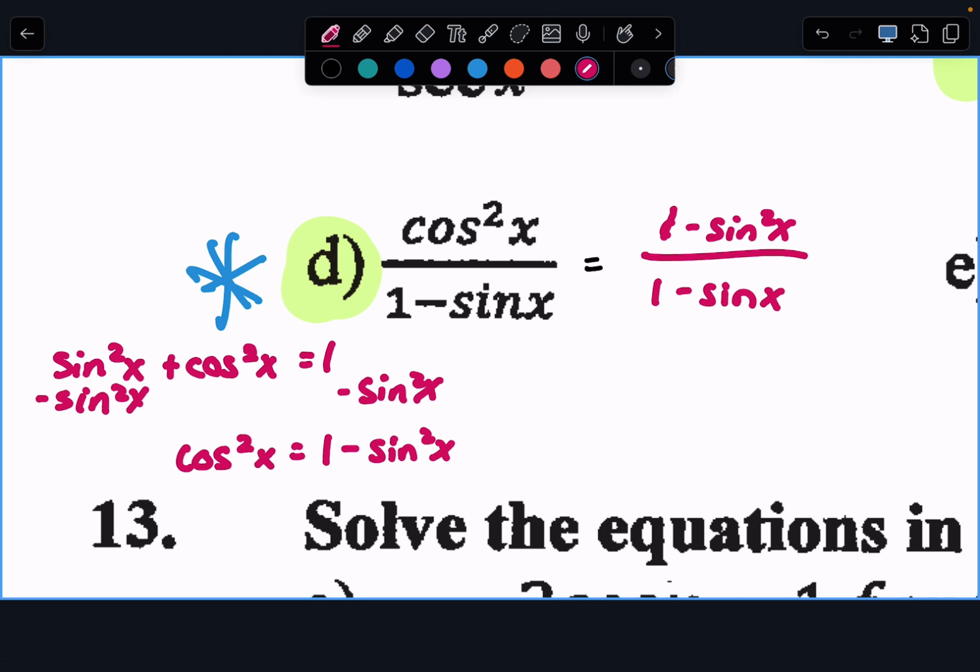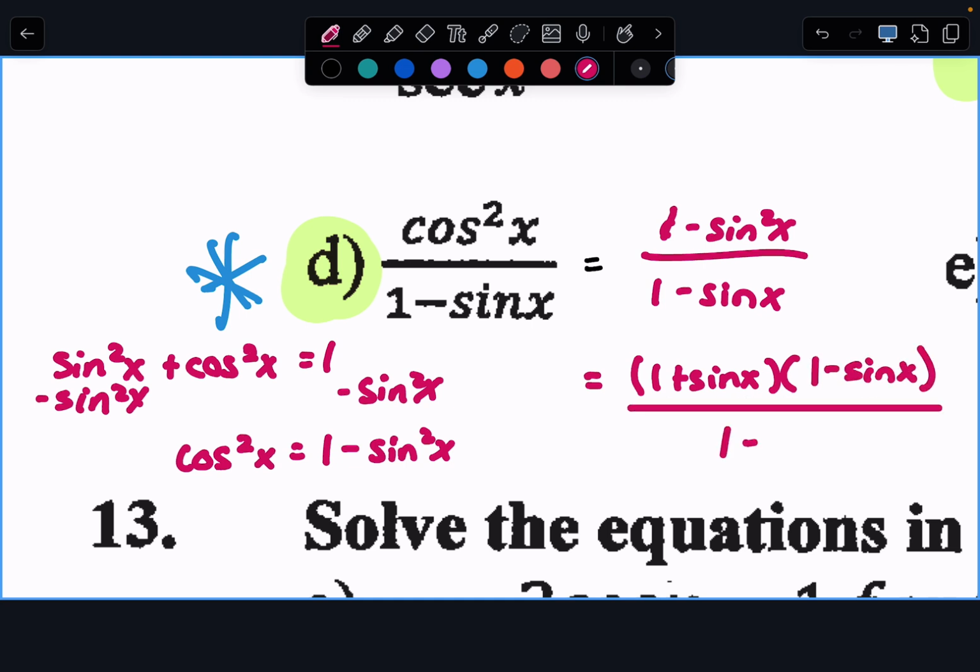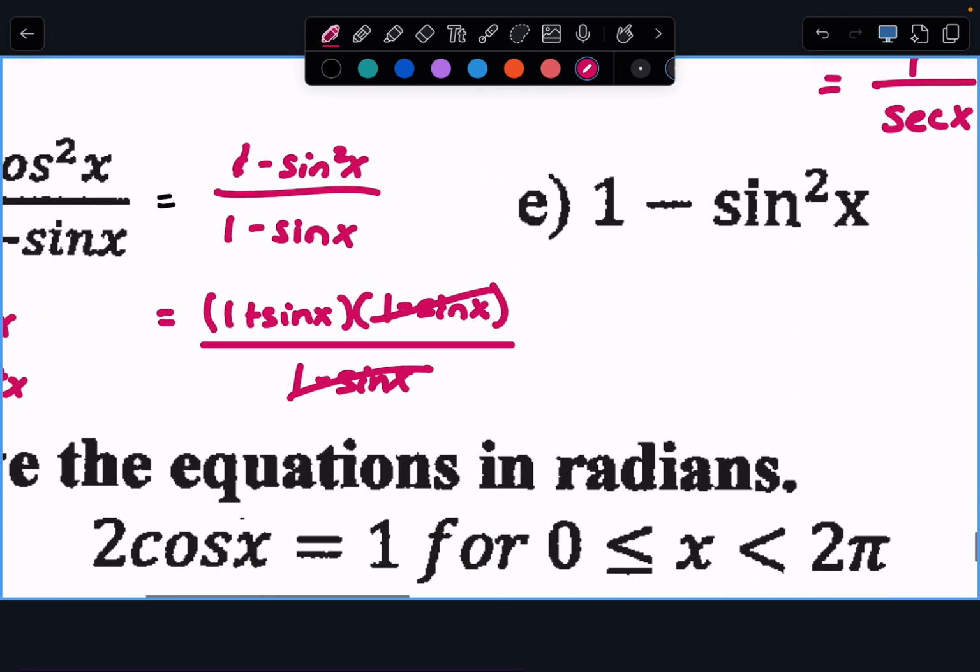You are going to factor the top as if it said 1 minus x squared. That's the difference of two squares, right? So we could write the top as 1 plus sine x, 1 minus sine x, over 1 minus sine x. Now, anything over itself equals what? 1. Now I could maybe say that word if I wanted to.